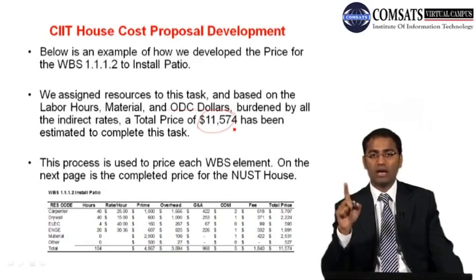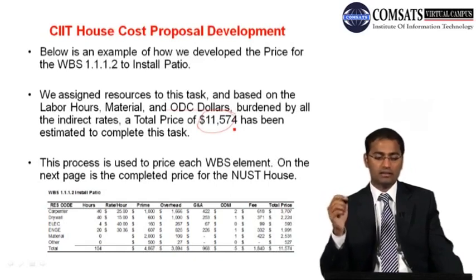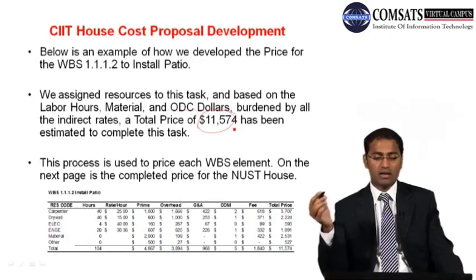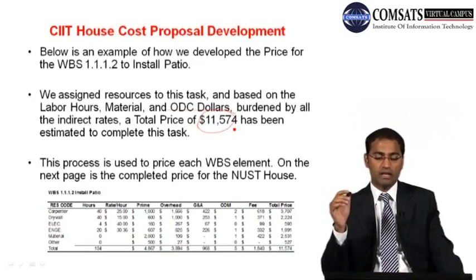Now we are going to have an estimate. Let's go through that. And what is the process? This process is used to price each WBS element. On the next page is the complete price for the nest house. But before we go to the next slide or page, we actually try to understand how we have reached this 11,574.